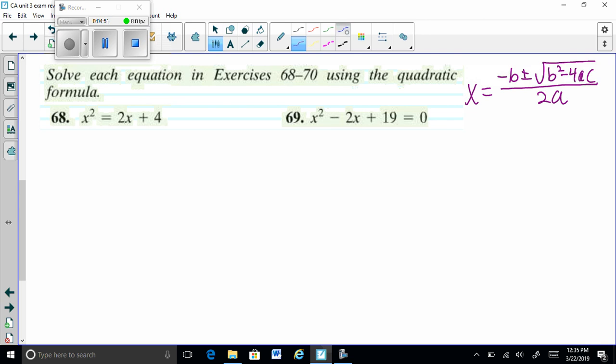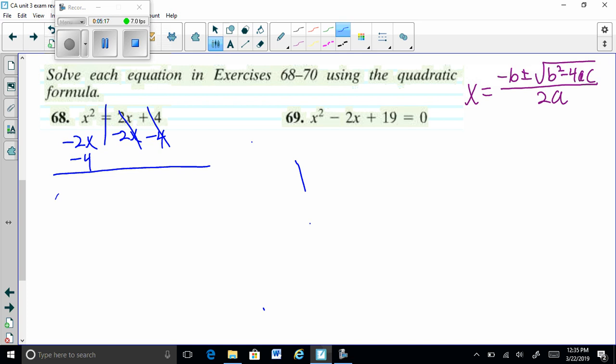Okay, so in order to do the quadratic formula, the first thing you have to do is set the equation equal to 0. So 69, that one's fine. 68, though, it's not quite ready. You could move the x squared over if you wanted to, but then the a value would be negative, so I don't want to do that. So I'm going to subtract 2x and 4 from both sides, so minus 2x and minus 4.